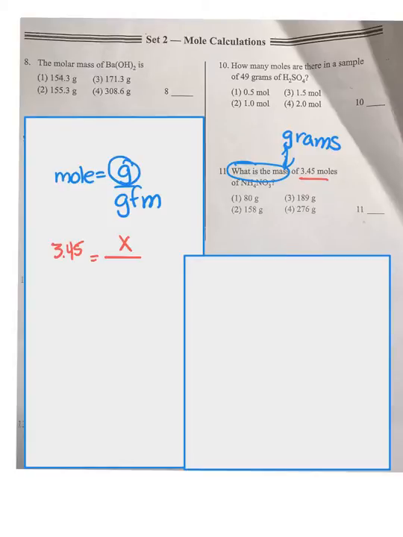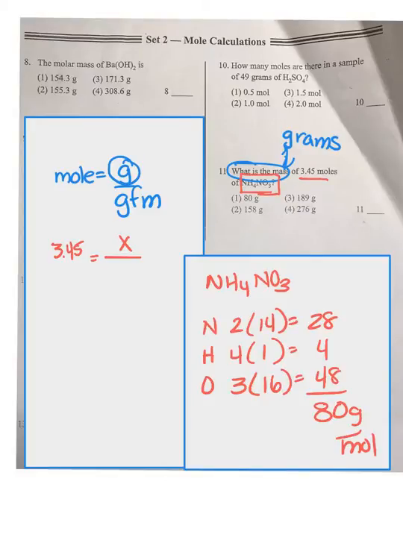And I need the gram formula mass of NH4NO3, which is ammonium nitrate. So I went ahead and I wrote everything out. Now be careful, in this particular case, let me grab a highlighter here, there are 2 N's. So you have to make sure that you have 2 N's there, and you multiply them by 14, and then we got the H's and the O's.